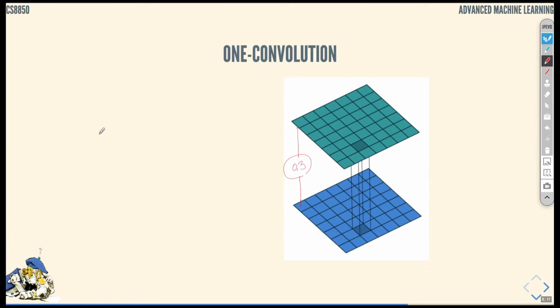So what we can do when we are at this last convolutional layer that we just covered, instead of flattening it, is put one convolution. Don't confuse this with one-dimensional convolution. One convolution is not 1D convolution.